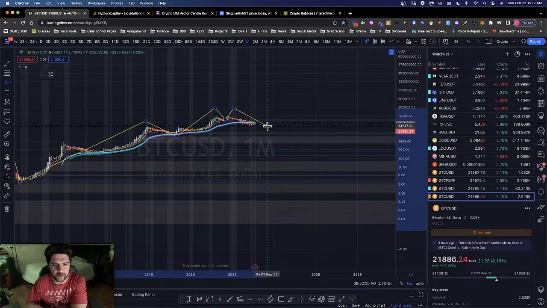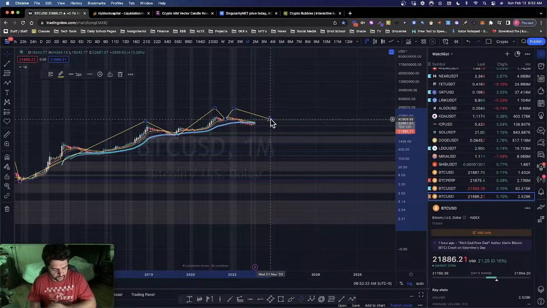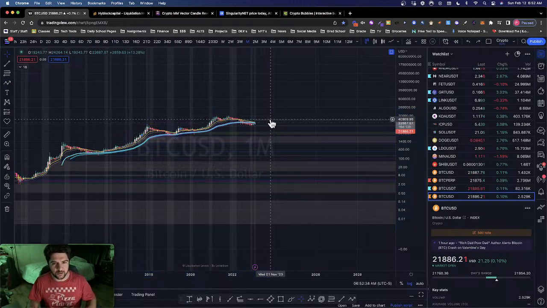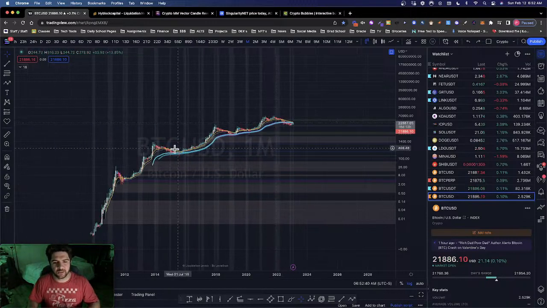So it's a very big range. In essence, you have no idea what's going to happen, and maybe Bitcoin is an up-only asset. But that's on your monthly here.